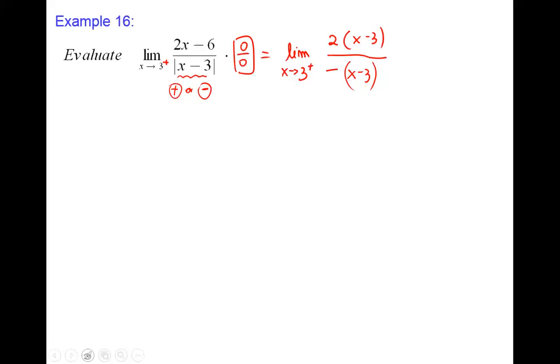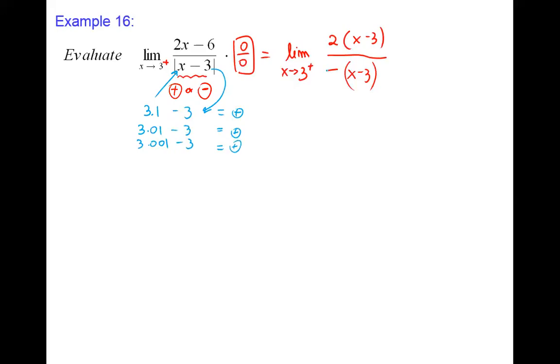That means let's investigate. This means x is approaching 3 from the right-hand side. Like let's say 3.1, 3.01, or 3.001. And if we subtract 3, because that's what we're doing, we can see we can always get a number, a tiny number, but positive.